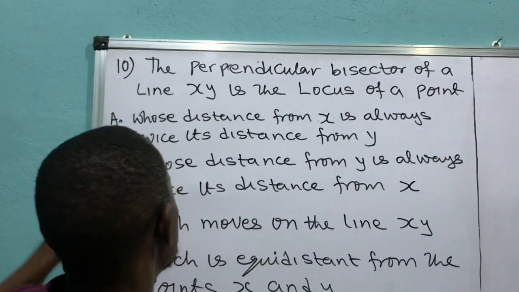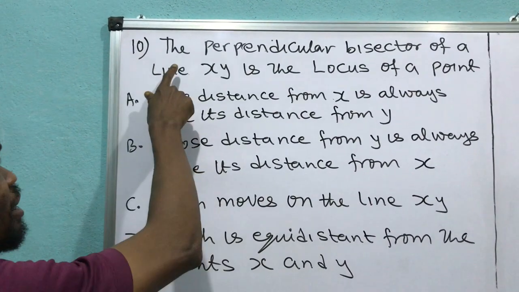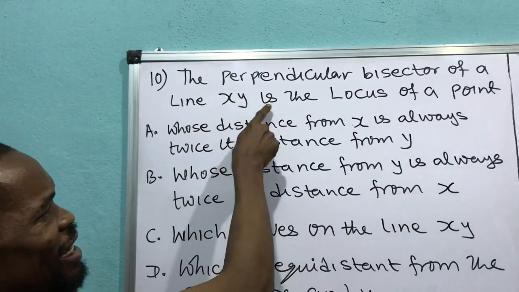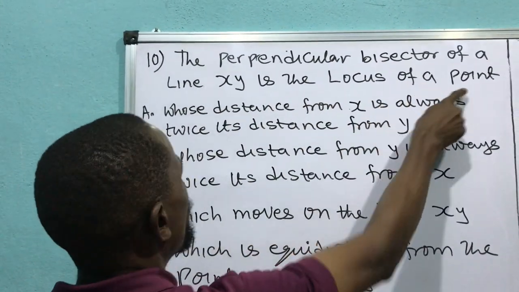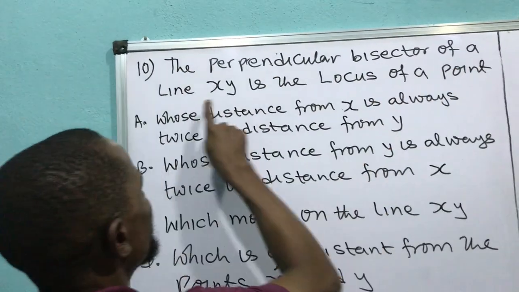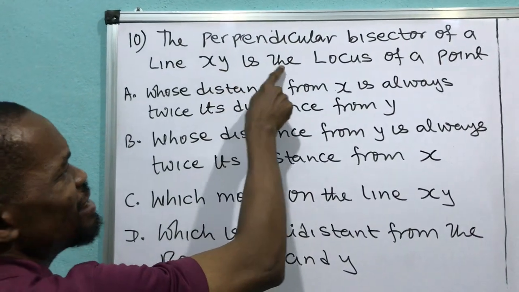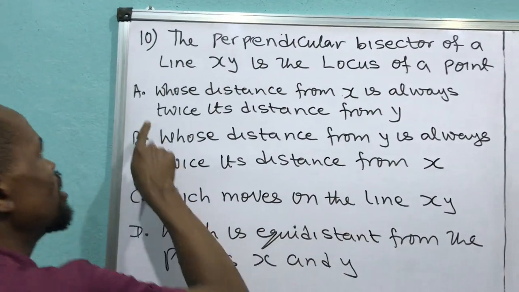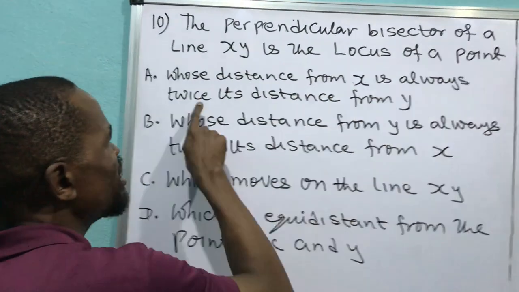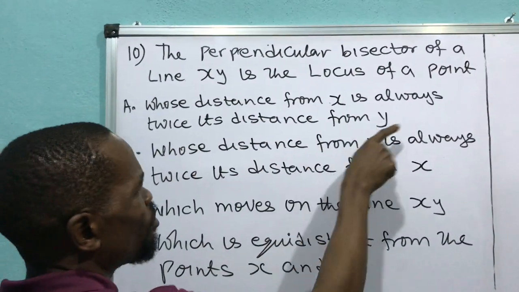Question number 10 says, the perpendicular bisector of a line xy is the locus of a point. Option A says whose distance from x is always twice its distance from y.